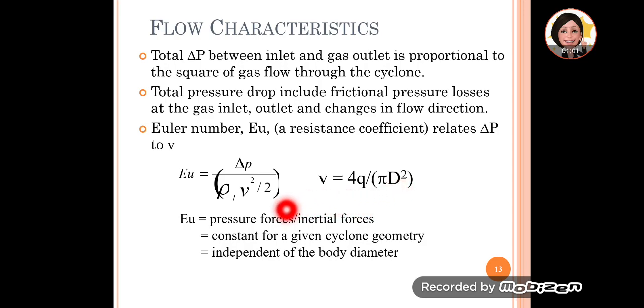This Euler number is actually a ratio between pressure forces and inertial forces. So it's constant for a given cyclone geometry and independent of the body diameter, but it's dependent on the internal diameter of the cyclone.